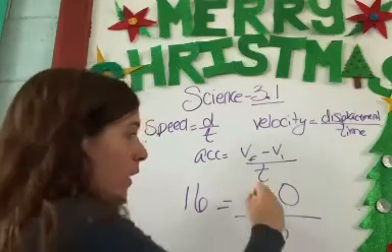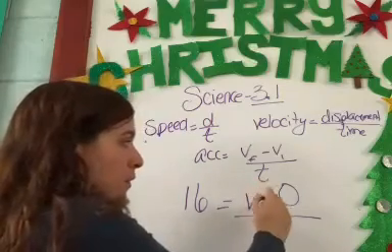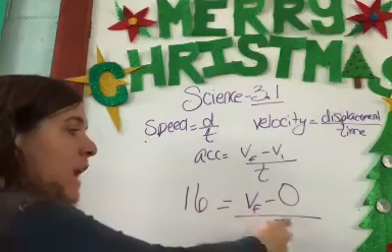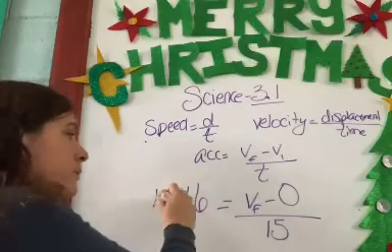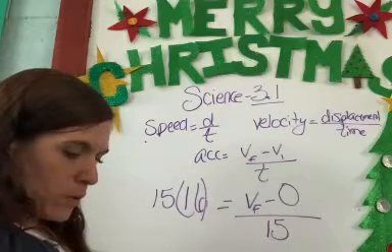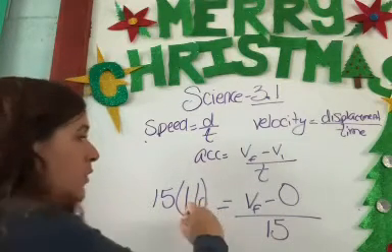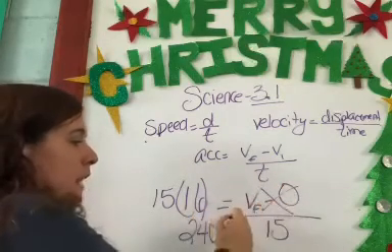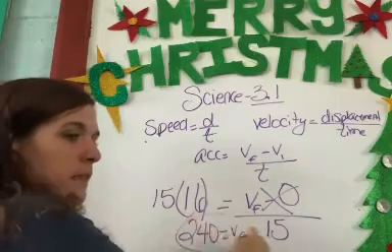So you're looking for VF. So we need to solve for VF, so we're going to bring 15 over here. 15 times 16 is going to give you 240. You don't do anything with that 0 because it says 0, so that is your final velocity.